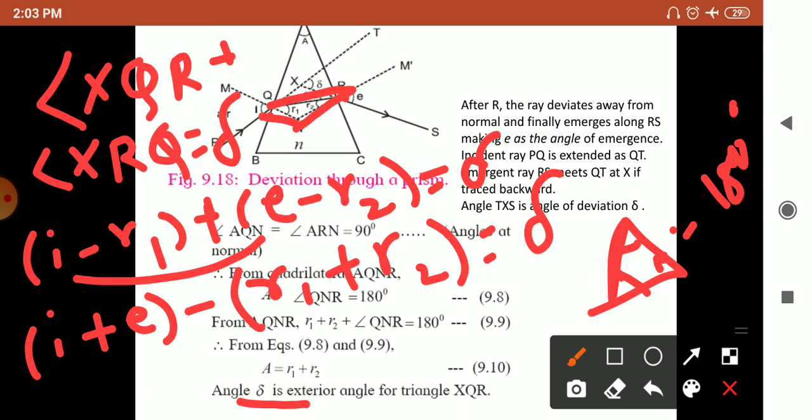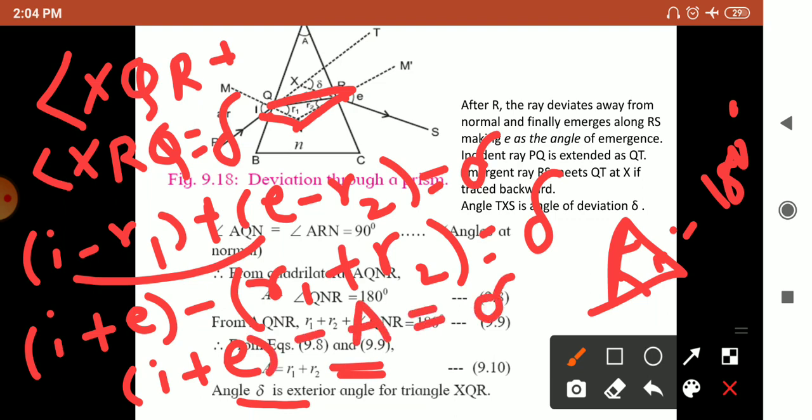Here this equation, according to A equal to R1 plus R2, we can write it as I plus E minus A is equal to delta.